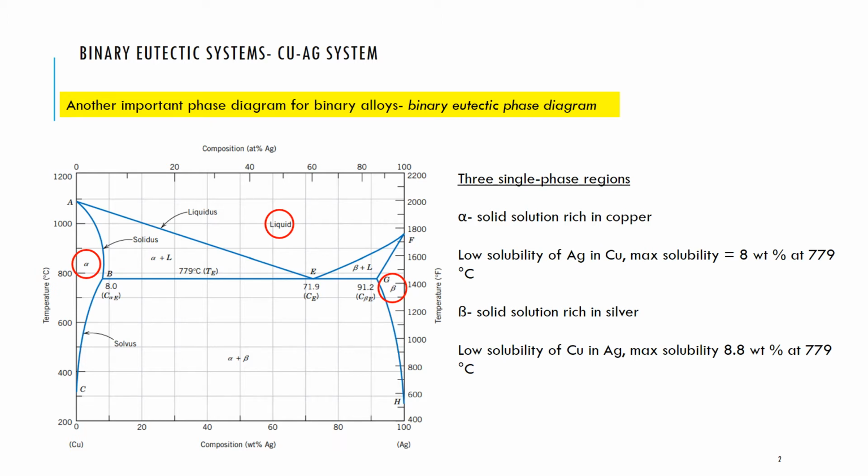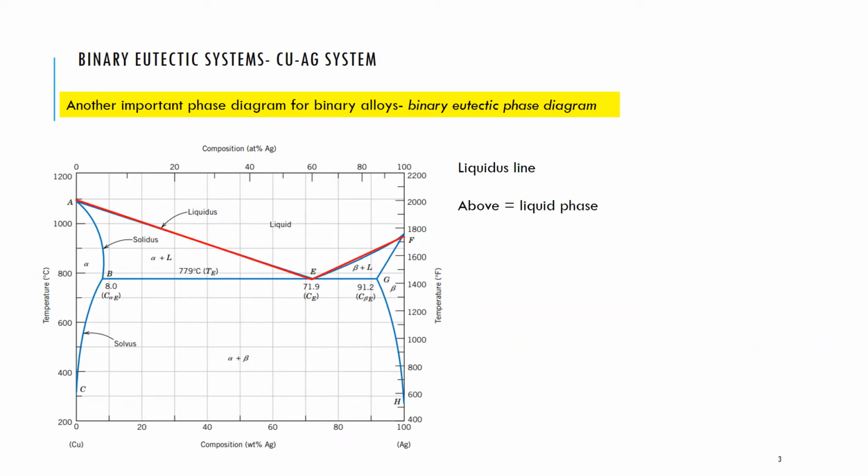It's kind of a V shape, and the point of the V hits this flat line, and we'll talk about what that is in a moment. But again, there is a single phase region for the liquid phase. And above that V-shaped liquidus line, the system is in a homogeneous liquid phase.